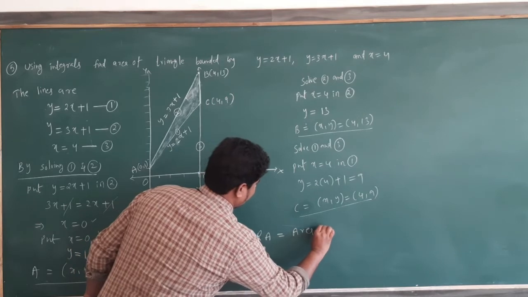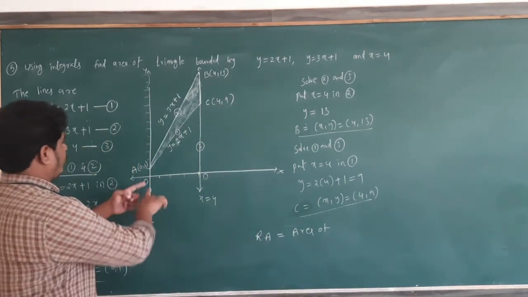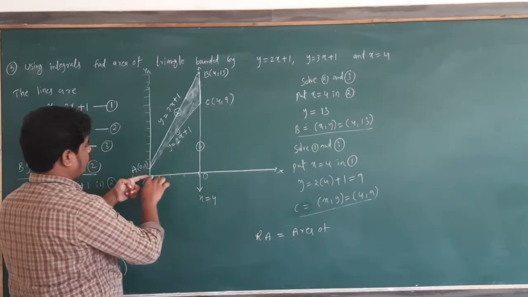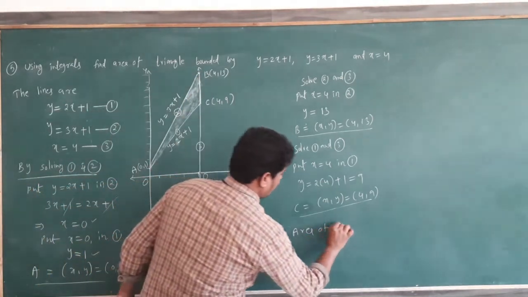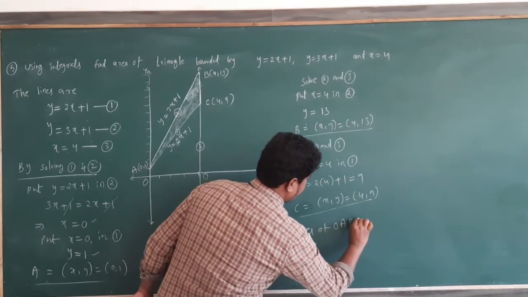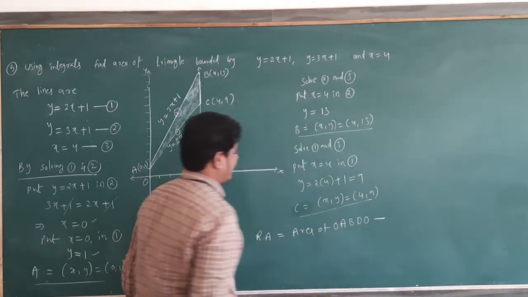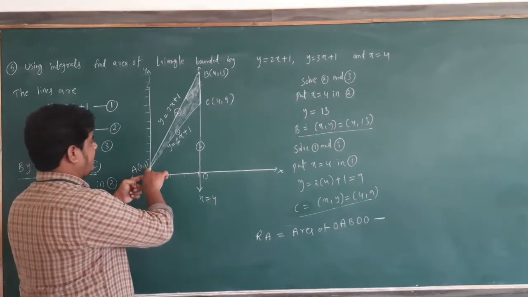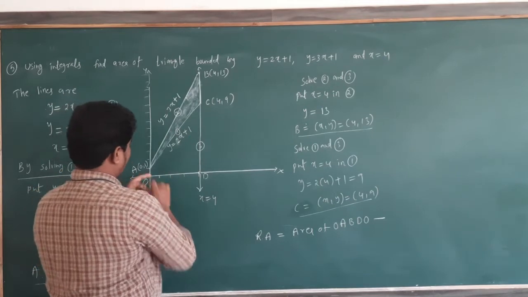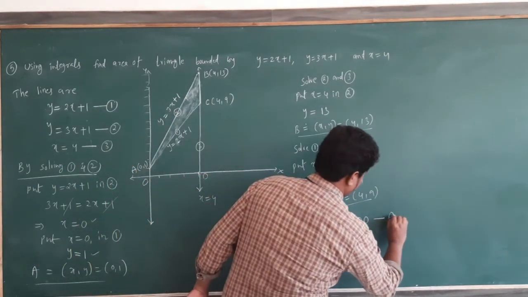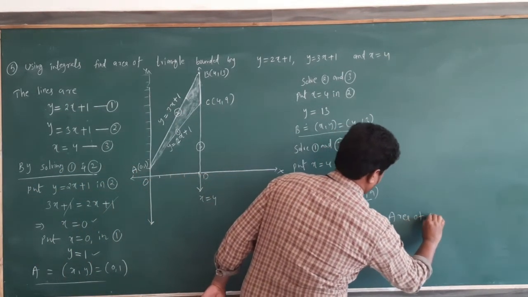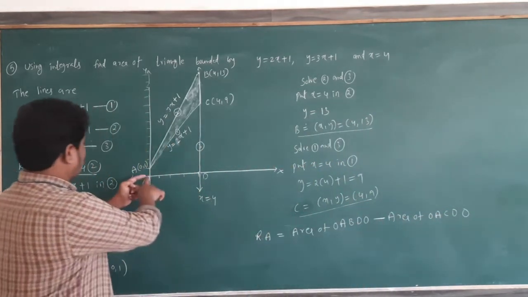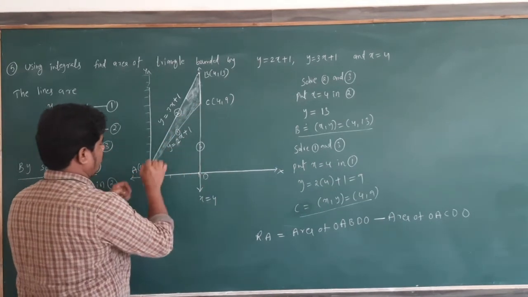Area of O A B D O minus area of O A C D O. Okay.